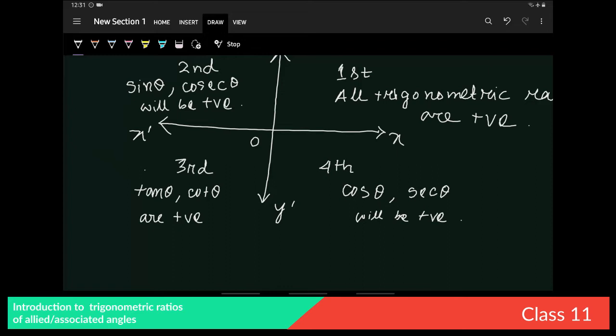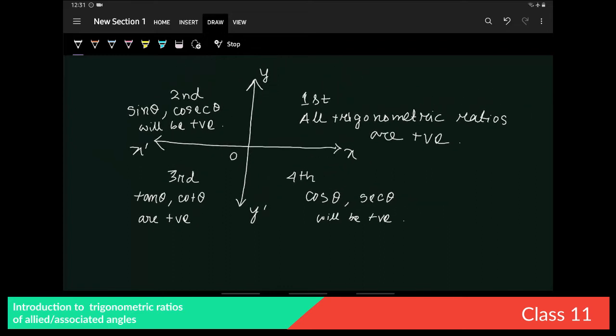So let's revise from the first. From the sign convention, in first quadrant all the trigonometric ratios are positive. In second quadrant, only sine theta and its reciprocal cosec theta will be positive, but the rest trigonometric ratios will be negative.